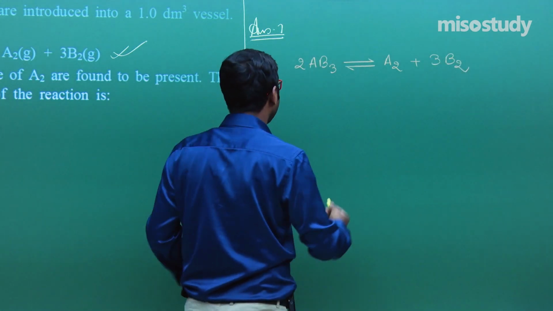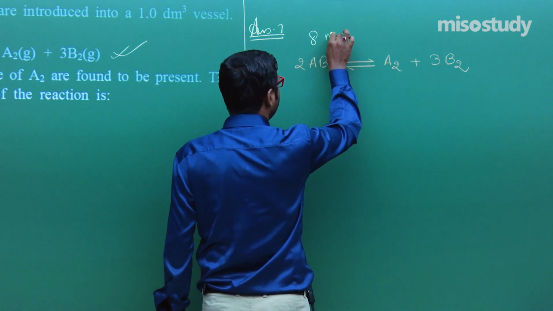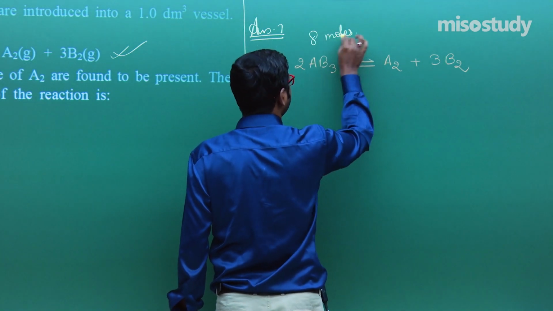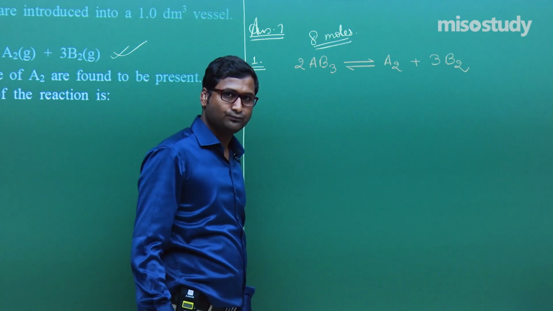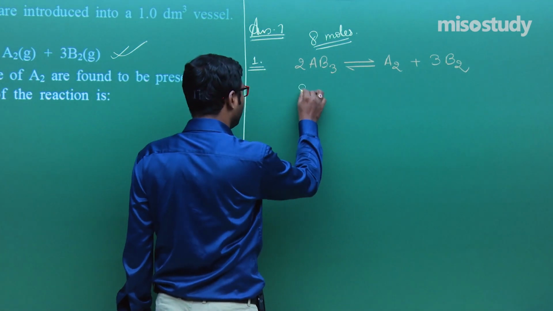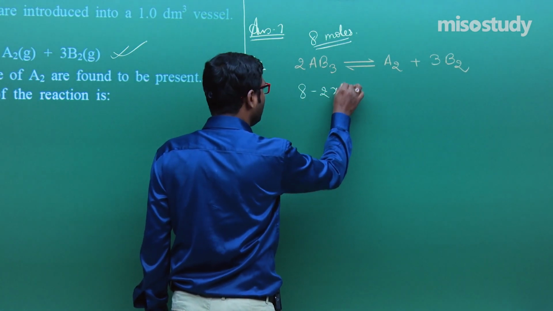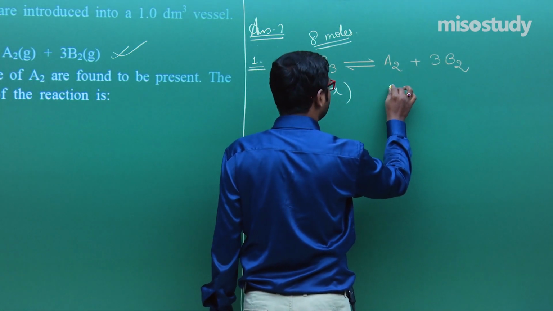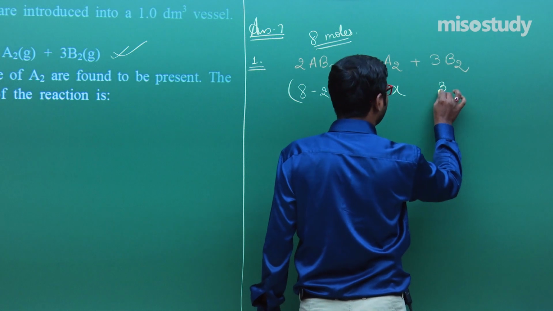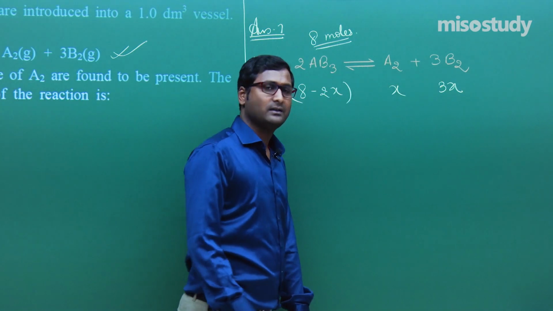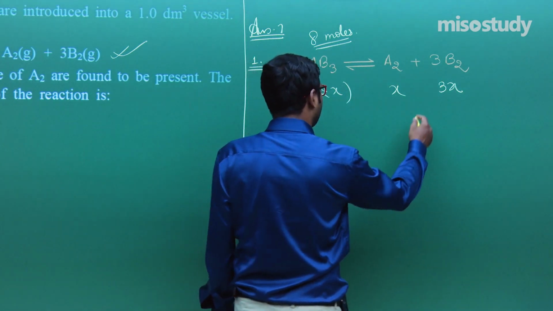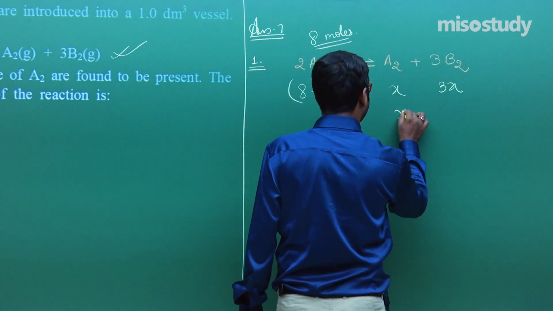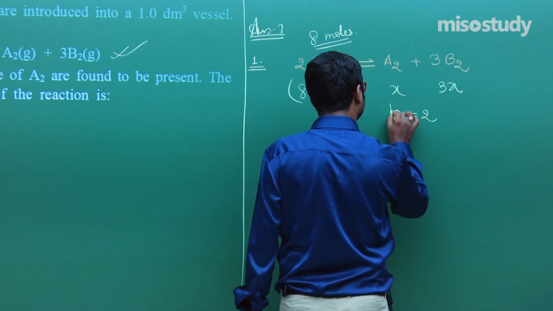Clear? Given here is 8 moles. Not an issue. Now write down the expression here: 8 minus 2x. Then here x and here is 3x. Clear to you? Now, given here x is equal to 2.